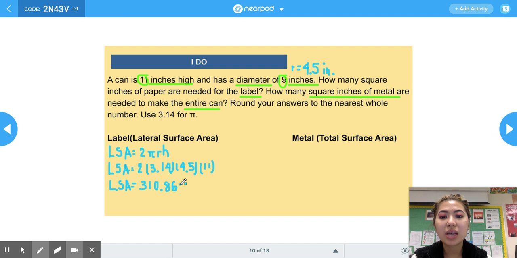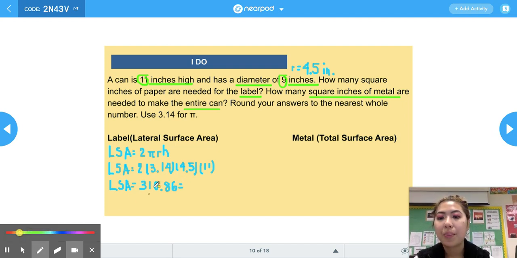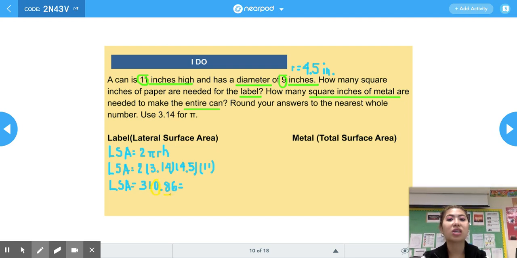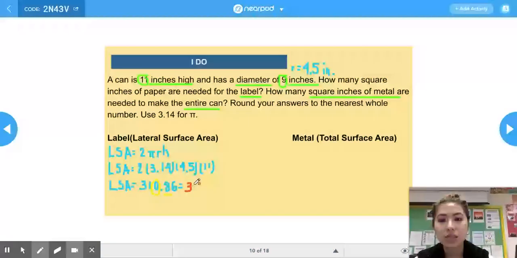And because I have to round to the nearest whole number, I'm going to circle my number in my ones place, which is a 0, underline the number to the right of it, which is the 8. 5 or more, we let the 0 soar, so the 0 becomes a 1. So our answer is going to be 311 inches squared. Since we're rounding to the nearest whole number for this problem.